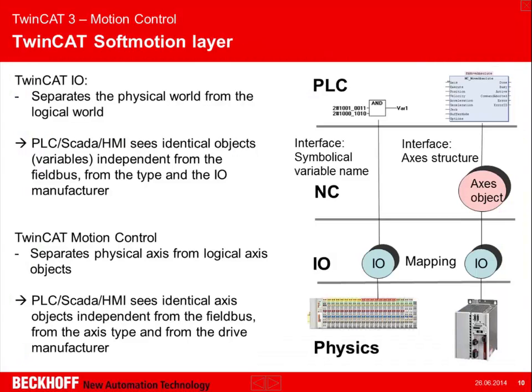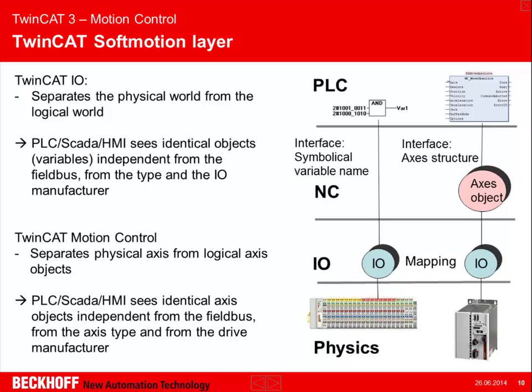To go more into detail, for the TwinCAT I/O system, as you know, we have a separation between the logical layer and the physical layer, and in between we have the mapping. You define a variable var1, which is a variable in the PLC, and this variable is connected via a mapping to a physical input or output, in this case an output, which is connected to a terminal and a channel on the terminal.